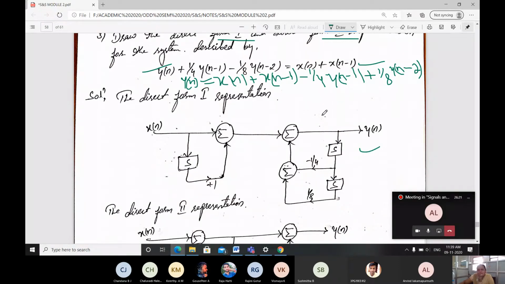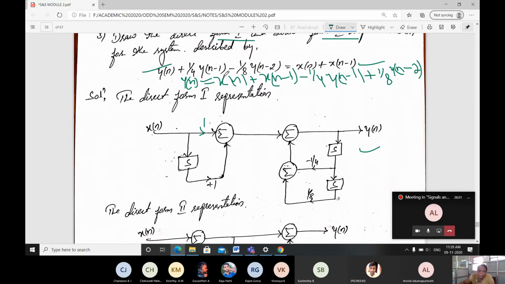The second one is for the reduction purpose, how we can combine the delay functions. Don't get confused. If you are proper with that, you can go for that, or else use this method. Whatever you use, it will be correct. Then x of n, first coefficient is 1 only. You can write that 1, or if you write directly, it indicates that it is 1. b naught is 1.